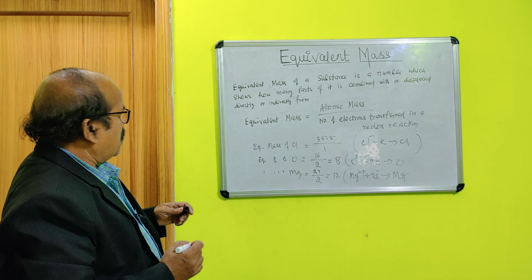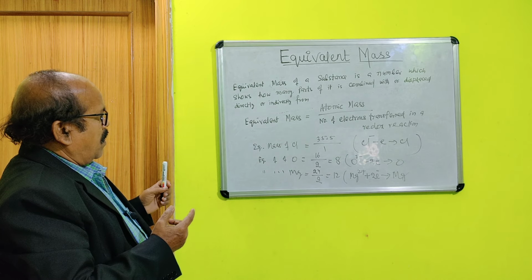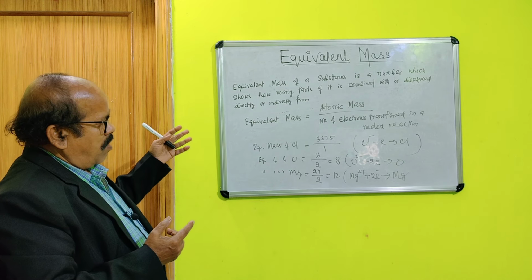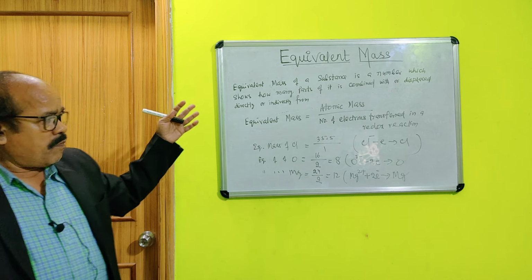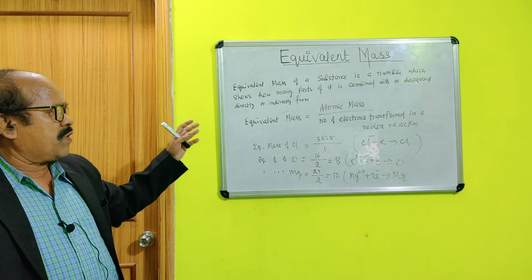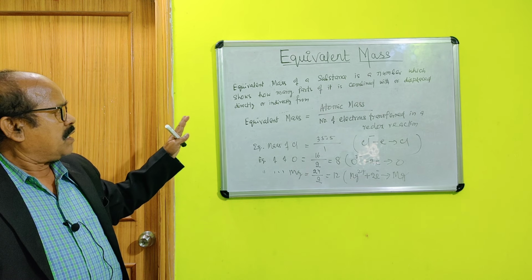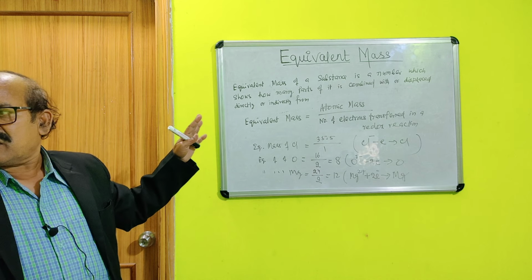So in this method, you can also get the equivalent mass. From the definition, or atomic mass by valency, or atomic mass by number of electrons transferred in a redox reaction, you can find out the equivalent mass of a substance.